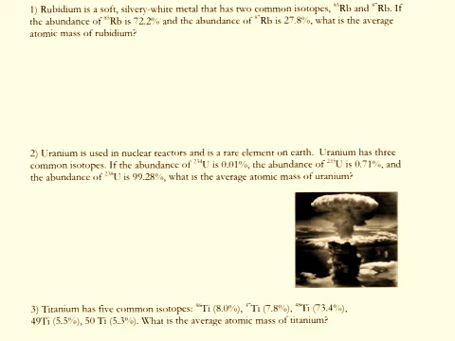So first things first, we can see that we've got rubidium 85 with an abundance of 72.2. We can see then that we've got our rubidium 87 with 27.8.